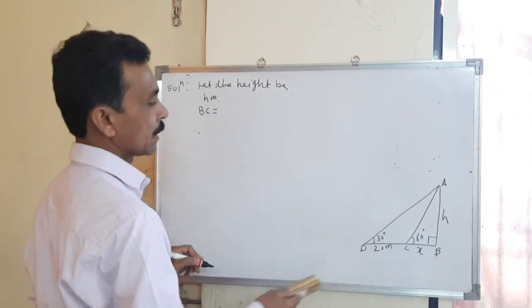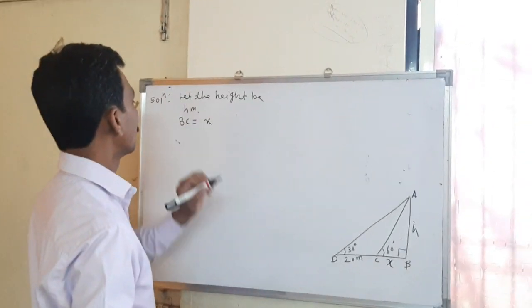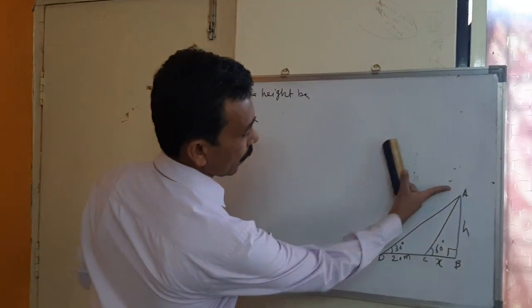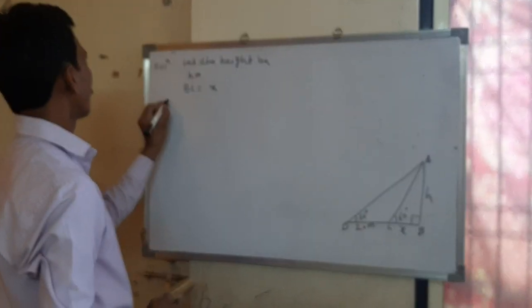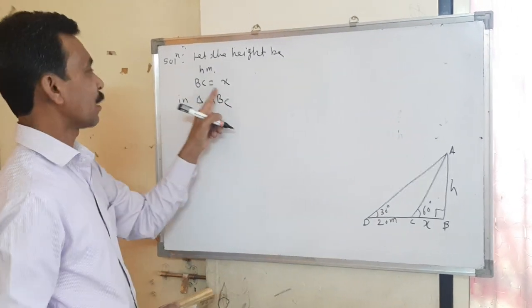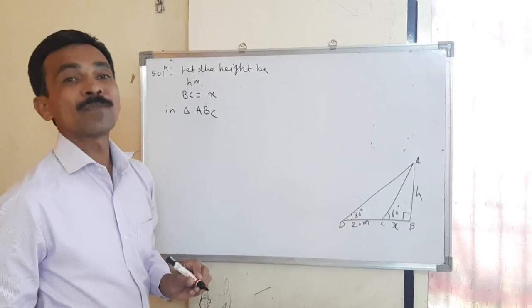BC, that is the width of the canal, is equal to X. BC is the width of the canal. Then I take first triangle ABC. In triangle ABC, again I am repeating, BC is equal to X. This is the width of the canal which we have to find.